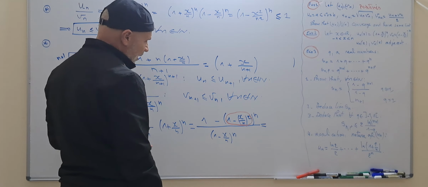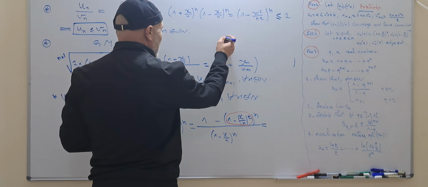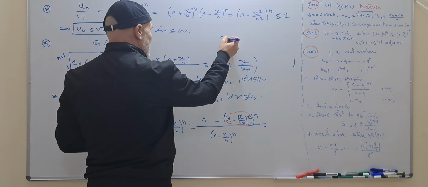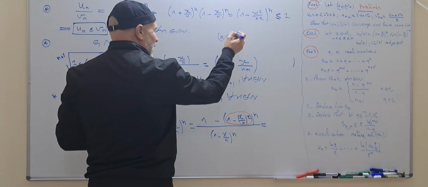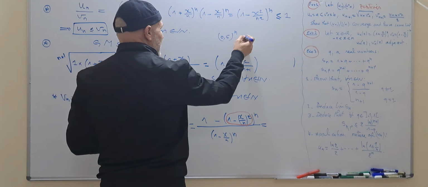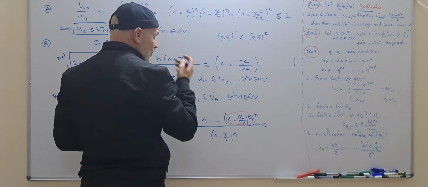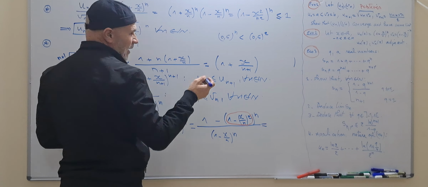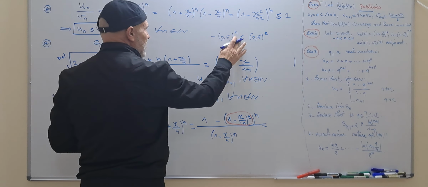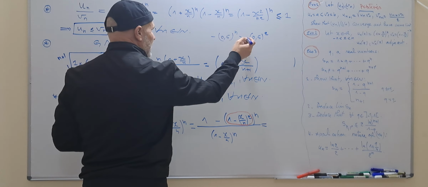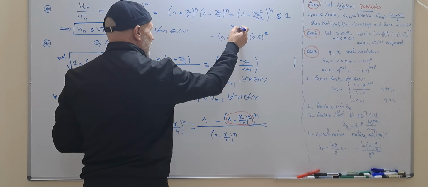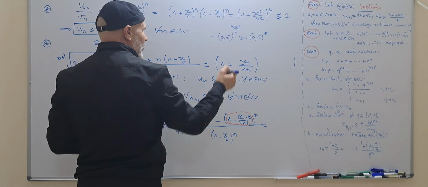As an example to understand, if we take 0.5 power n, this is less than 0.5 power 2. If we take minus, it will be strictly greater than 2.